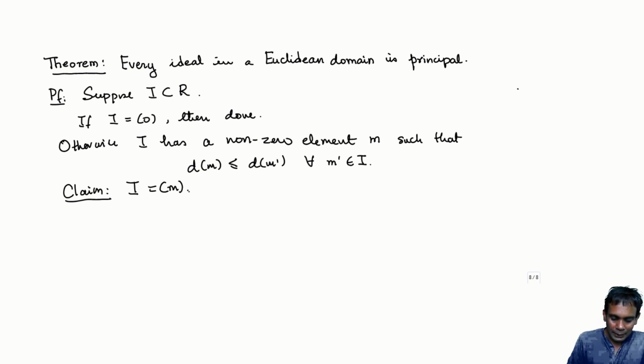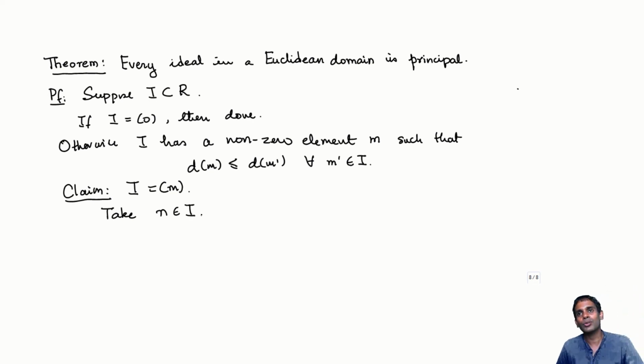And how do we prove this claim? Well, take any element n in I. I want to show that n is just a multiple of m.